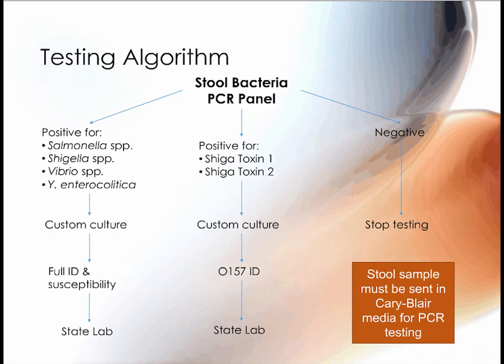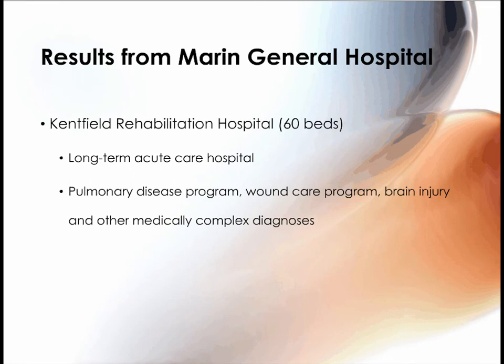So next, this is just a review of the data from when I used to work at Marin General Hospital in Northern California. This is a hospital that includes a Kentfield Rehabilitation Hospital, and in total there were around 150 beds.